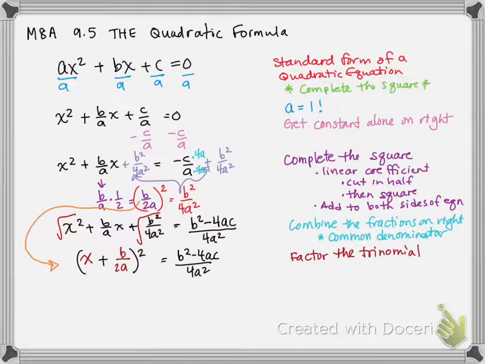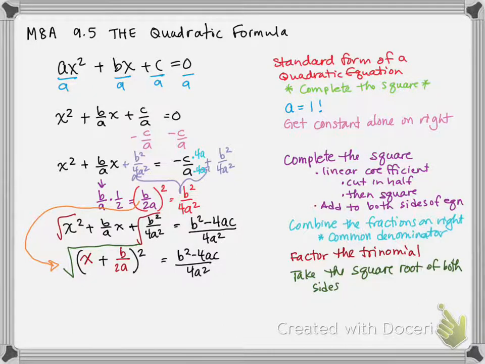So to do that, we're going to take the square root of both sides. So we're going to take the square root of the quantity x plus b over 2a squared.